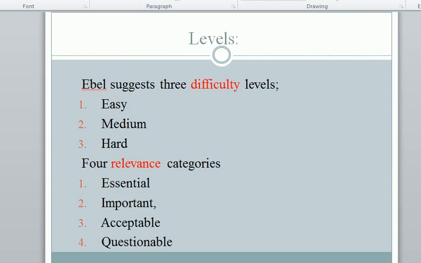It means the tests are decided on the basis of the item difficulty level of each item, which can be put into three categories: easy, medium and hard.